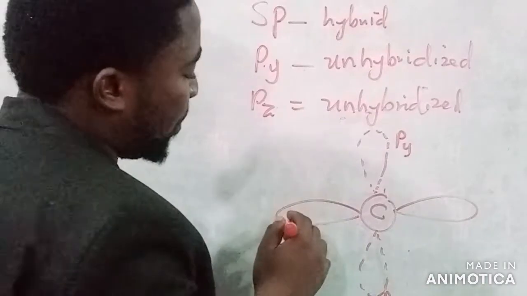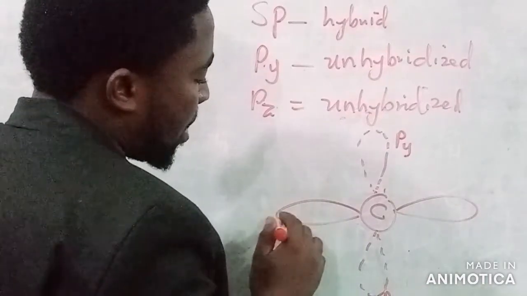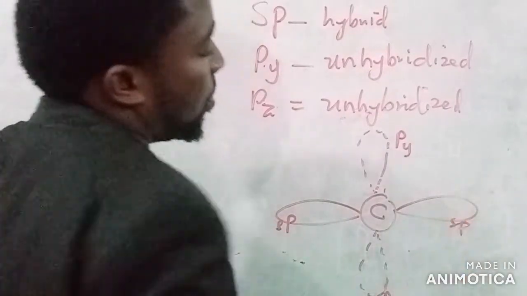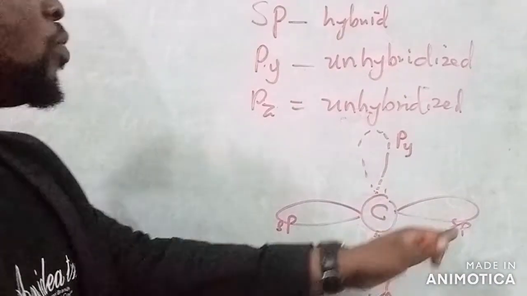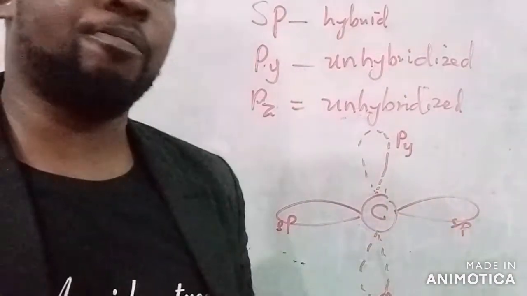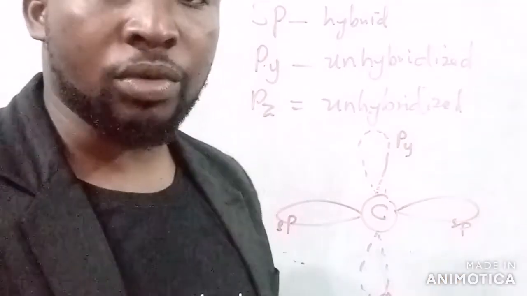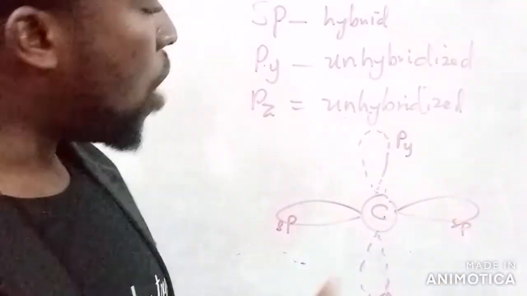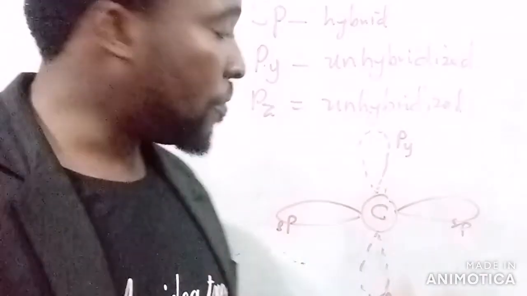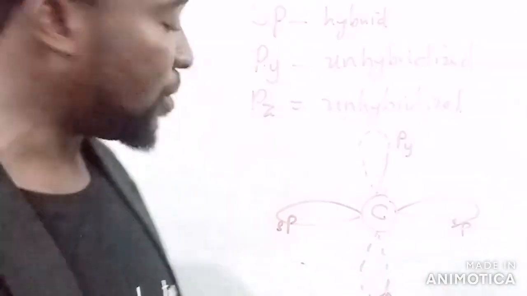So you have sp. Now, assuming we have two carbon atoms, like I said earlier, sitting adjacent to each other, what will be the effect of the overlap of these electron clouds?